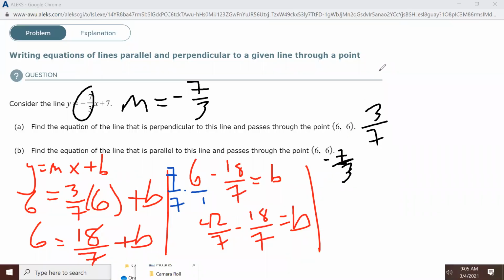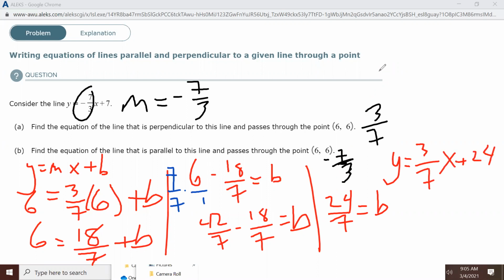And I get 24/7 for b. Therefore, the answer for A would be y equals 3/7 x plus 24/7.